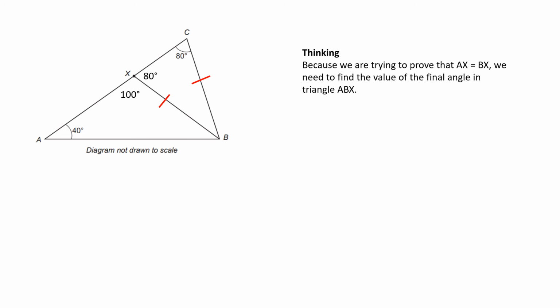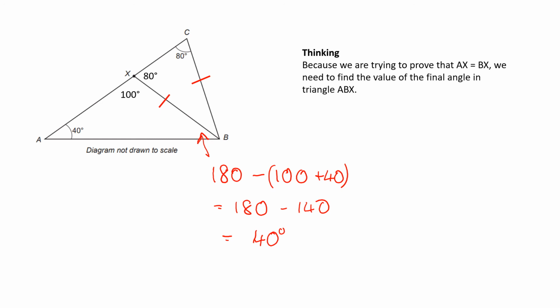So what we have is that the angle at B there, that angle is 180 minus 100 plus 40, which is 180 minus 140, which is 40 degrees.